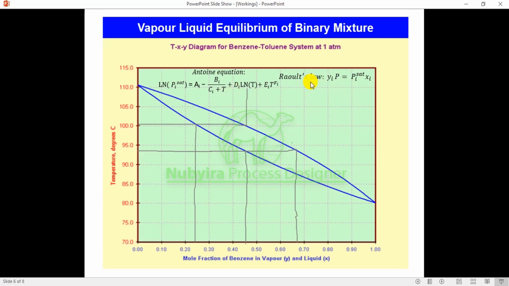The Raoult law relates the partial pressure of the component in the vapor to the saturated vapor pressure and the liquid mole fraction. The yi is the vapor mole fraction, while xi is the liquid mole fraction. So we are basically using these two equations to get the dew point and the bubble point.